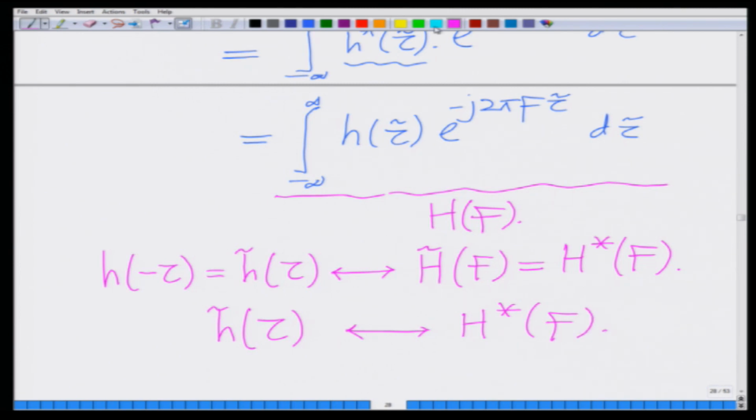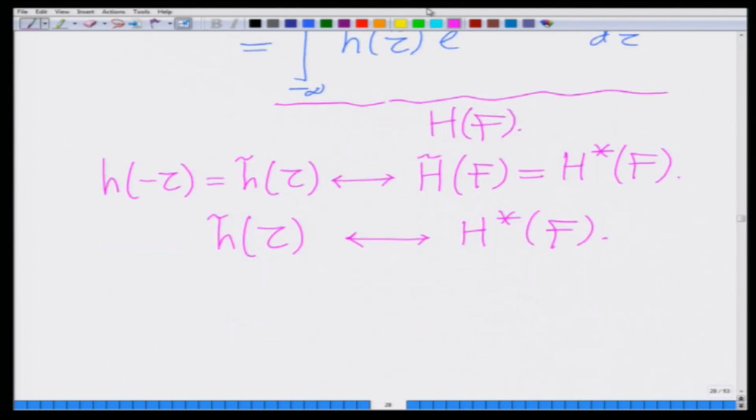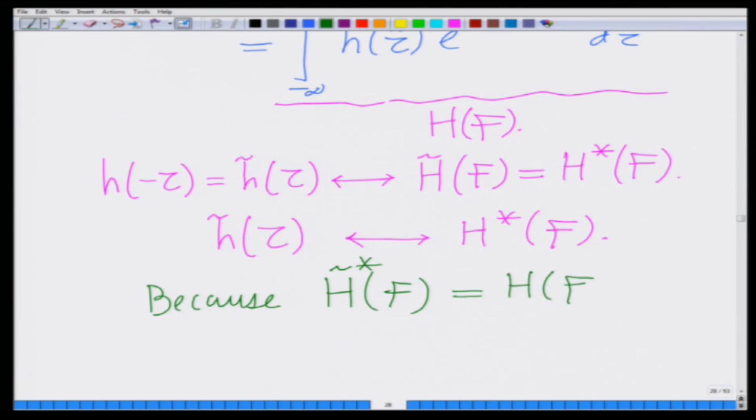Why is that the case? Because we have shown that h tilde of f conjugate is equal to h of f, which implies h tilde of f is equal to h of f conjugate.